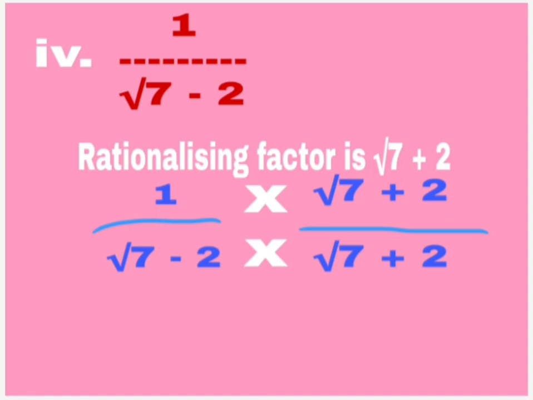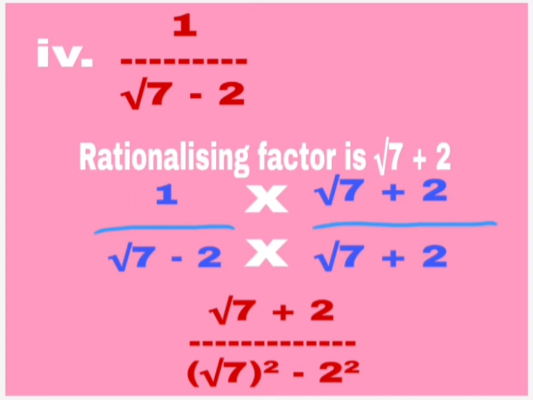Again here we can apply the identity a minus b into a plus b to simplify the solution. After the multiplication, we will get 1 into root 7 plus 2, which is root 7 plus 2 as it is. Next, root 7 minus 2 into root 7 plus 2 is a square minus b square, which is root 7 whole square minus 2 square.